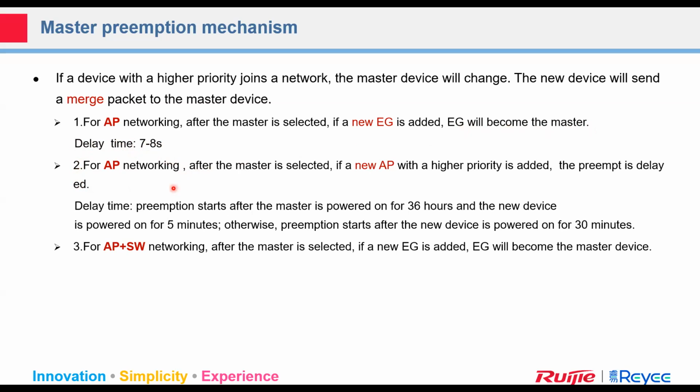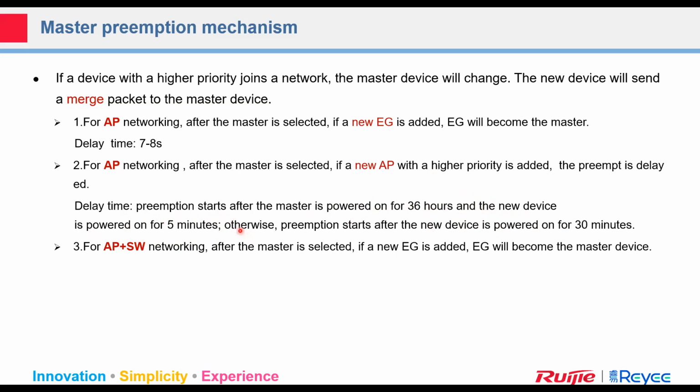Within the AP network, if the master has already been elected and a new AP with a higher priority comes in, this preemption is delayed. What happens is the existing master has been powered on for 36 hours and the new device for 5 minutes.